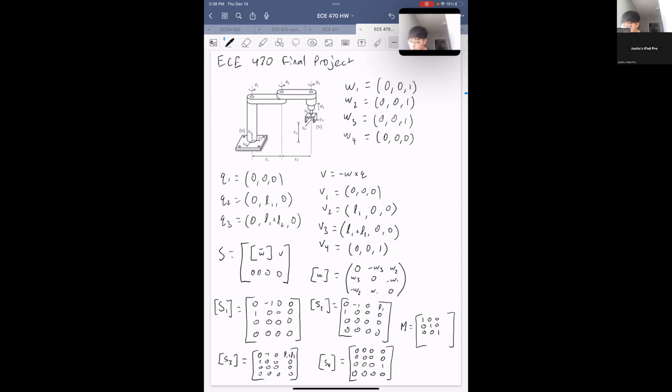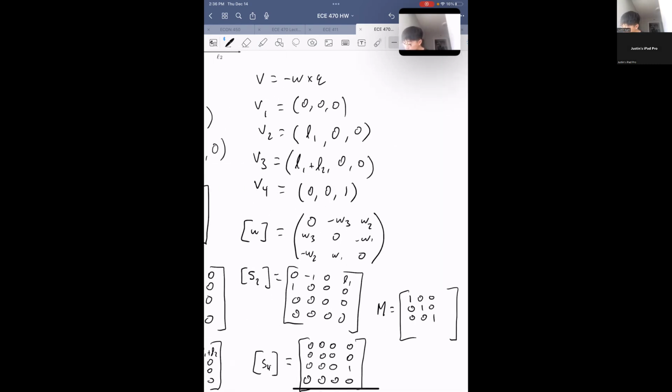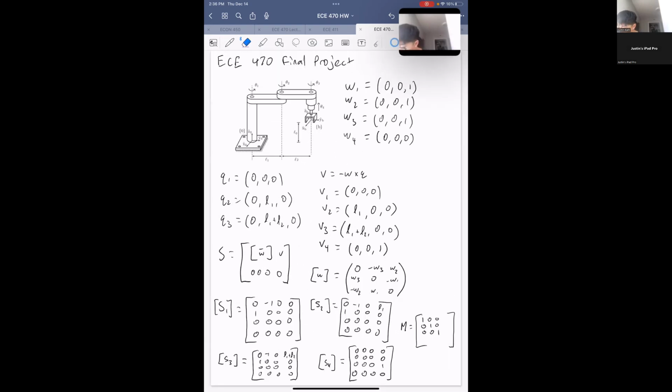And then for M, the 3x1 vector here is going to be the position of the end effector. So we can see that it is offset by L1 plus L2 in the Y0 direction.